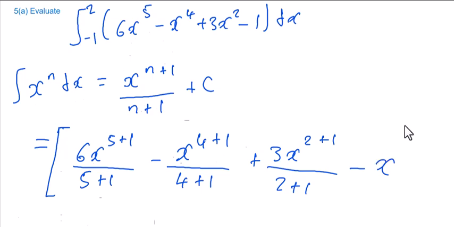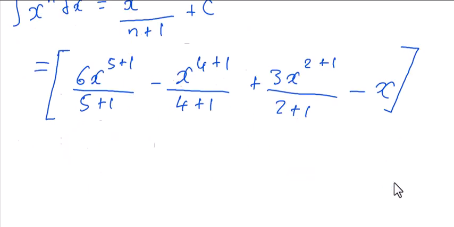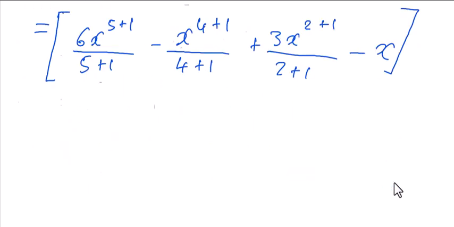So we work out what we have found. This is going to be 6x squared over 6 minus... the limits should be here.